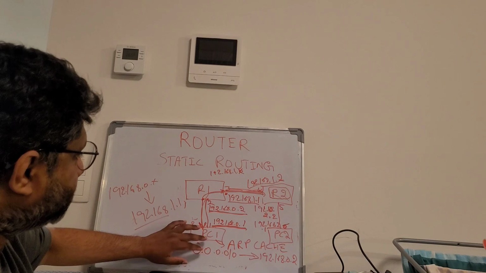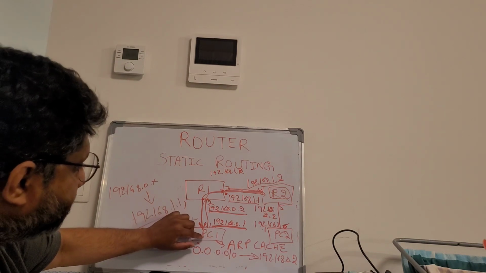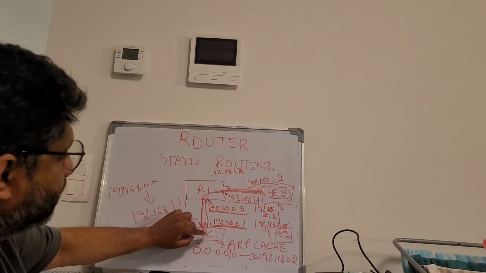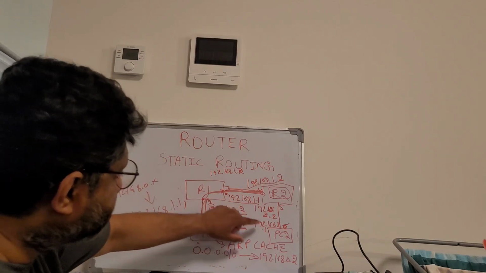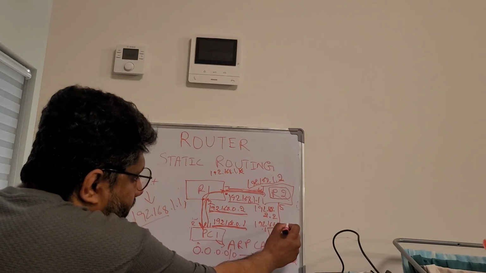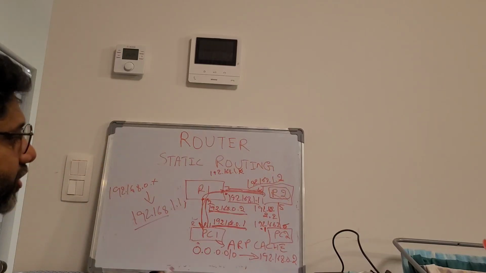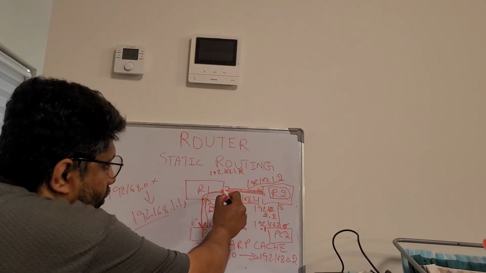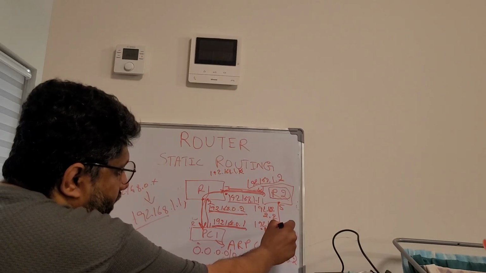Now let's start by sending an ICMP echo request from PC1. 192.168.0.1 is the source address. Destination is 192.168.2.1, right? Before that, we made sure that 3 and 4 were working fine. In a similar way we need to make sure 5 and 6 are working fine.